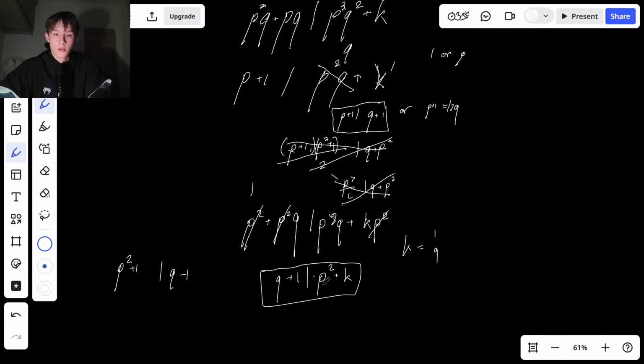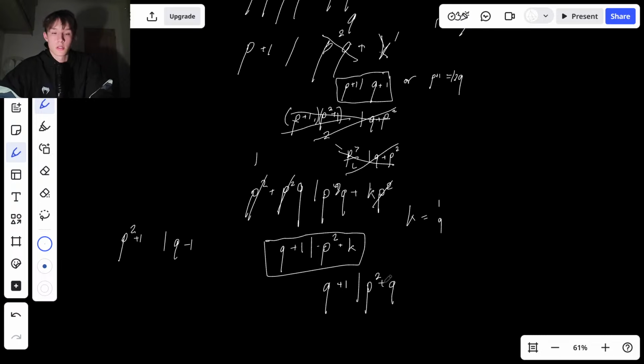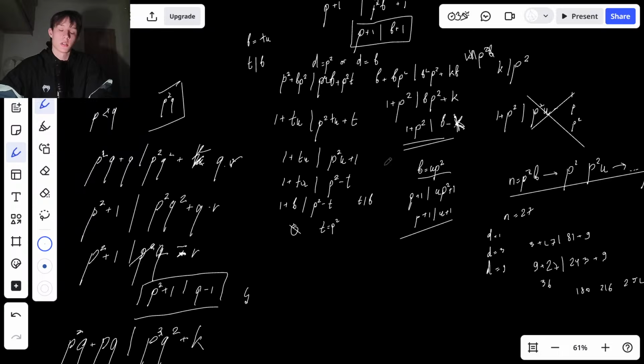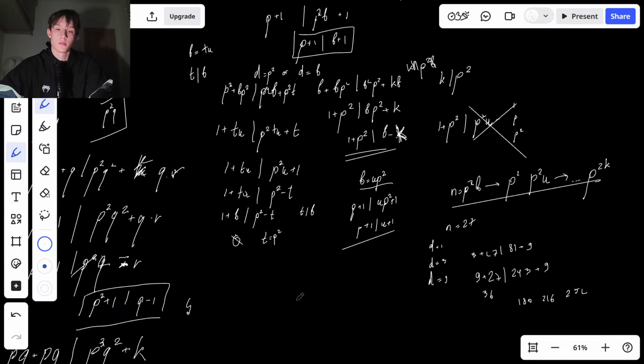And if q plus 1 divides p squared plus q, then we just subtract, we get minus 1 here, and get q plus 1 divides p squared minus 1, and q minus 1 is divisible by p squared plus 1, so contradiction by inequalities. And so this case is also always impossible, so just by induction we go down and down and down, and so the only possible answer is primes to the power of alpha, which we just want to check.